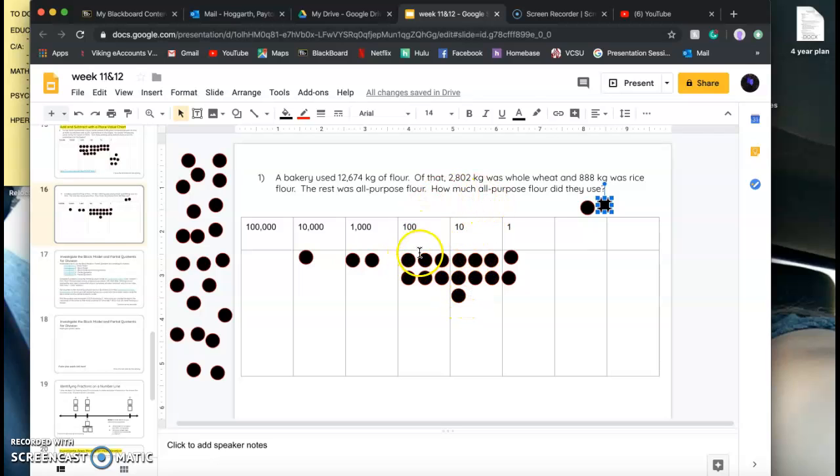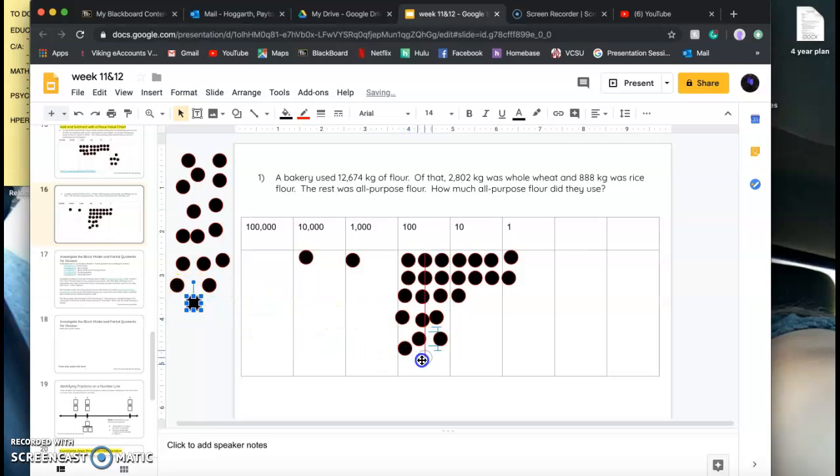And then I need to take away 8 from the 100s. Well, I can't because I only have 6. So I'm going to take 1 from the 1000s and add 10 to the 100s, because 100 times 10 equals 1,000. 1, 2, 3, 4, 5, 6, 7, 8, 9, 10.